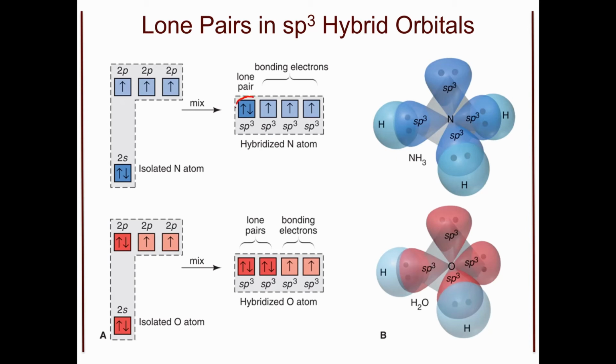In one of those hybrid orbitals, we are going to have a paired up electron set. This is going to be my lone pair, while I am able to go and form 3 outside bonds with my sp3 hybrid orbitals that have unpaired electrons. This is how you end up getting NH3 with a lone pair on our central nitrogen.